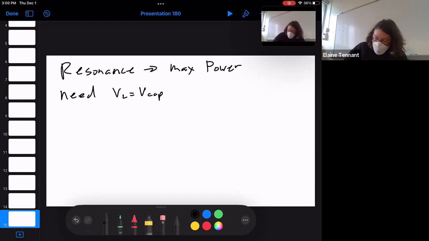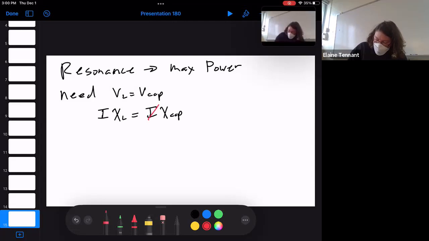And this is pretty straightforward. If you want the voltage of the capacitor and the voltage of the inductor to be the same, you just say, okay, I need the current times the reactance to equal the current times the reactance.